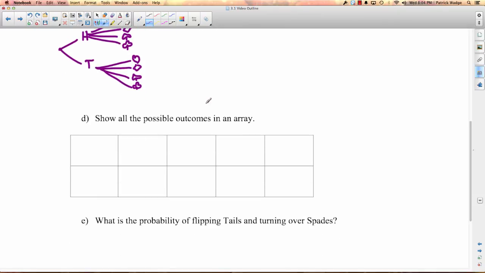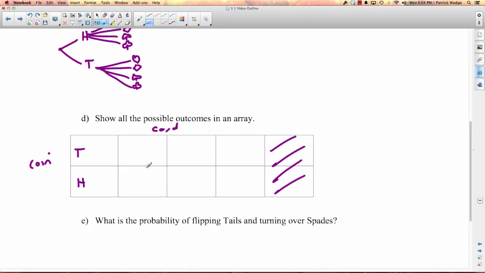Okay, show all the possible outcomes in an array. So you've got 2 here. So obviously what you're thinking of here is the coin. And you got 5 along here. 1, 2, 3, 4, 5. Why do I have 5 along there? That's one too many. Should have 4 along there. And this is the card here. So when you flip the coin, you could get tails or heads.